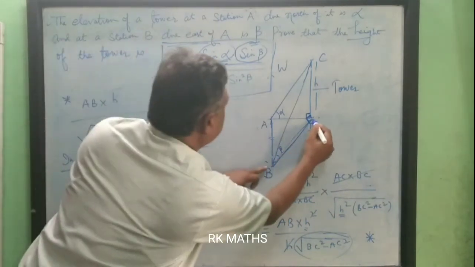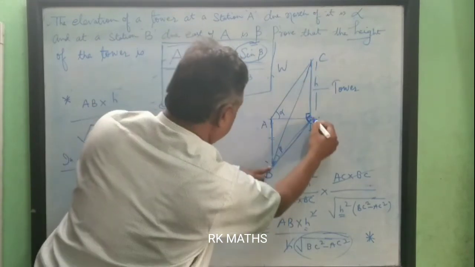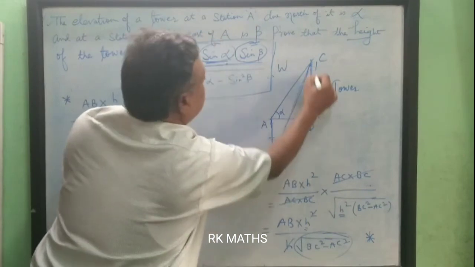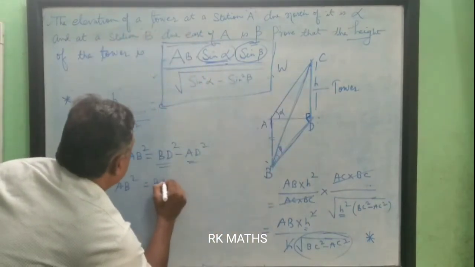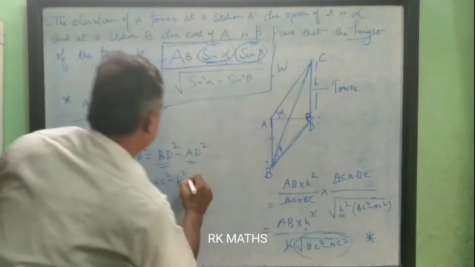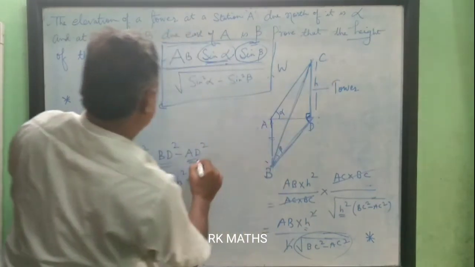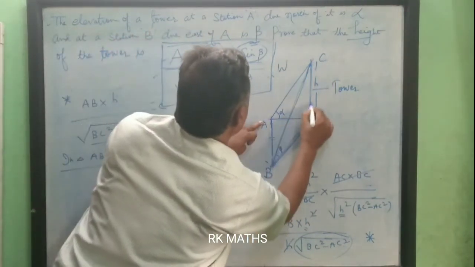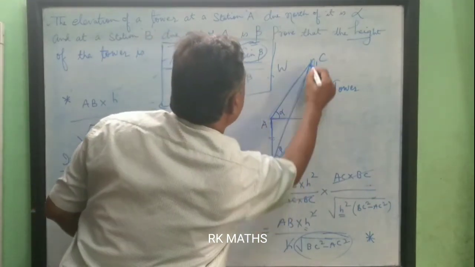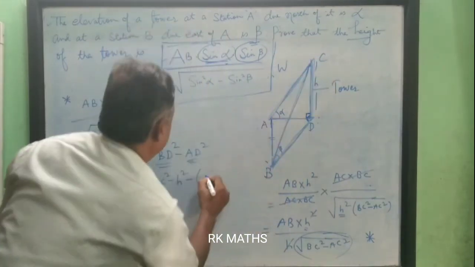and this BD square for this triangle, in triangle BDC, BD square is equal to BC square minus H square, BC square minus H square minus, and in this triangle, in triangle ADC, AD square is equal to AC square minus H square.